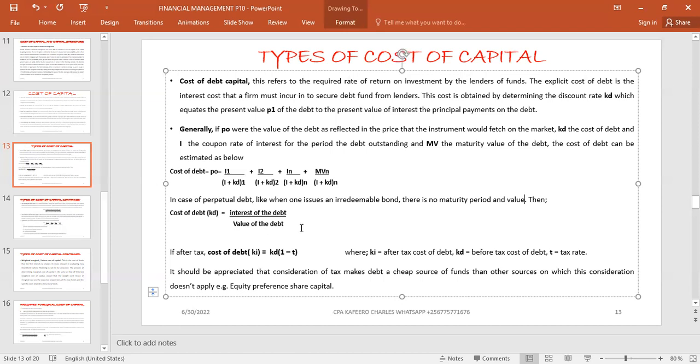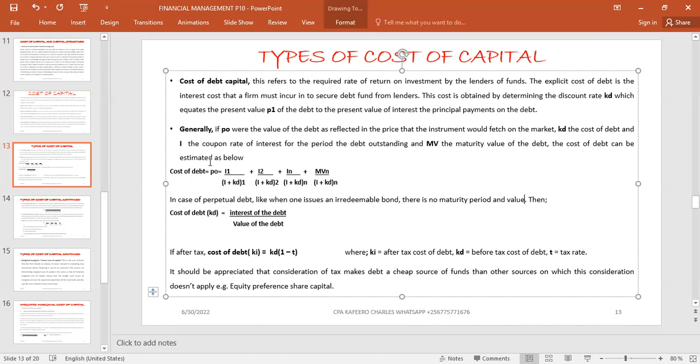So most of the times the tax is going to be 30%, because that's as per the law of Uganda. That's the income tax we charge to companies. And if you don't have the tax rate, then we go by this. If in the question you are given the maturity value, that this loan is supposed to mature at this period, then you use this.